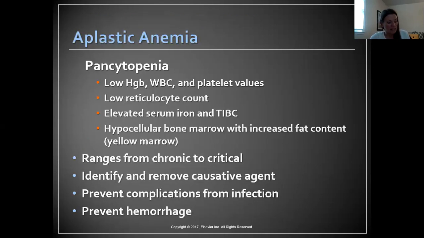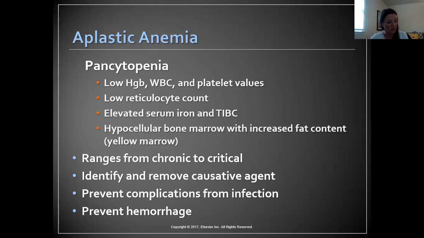Aplastic anemia is a disease in which the patient has peripheral blood pancytopenia. As we discussed before, this means that they have a decrease in all blood cell types, including red blood cells, white blood cells, and platelets, and a hypocellular bone marrow. It can be a chronic disorder managed with erythropoietin and blood transfusions, or potentially fatal from hemorrhage and sepsis.